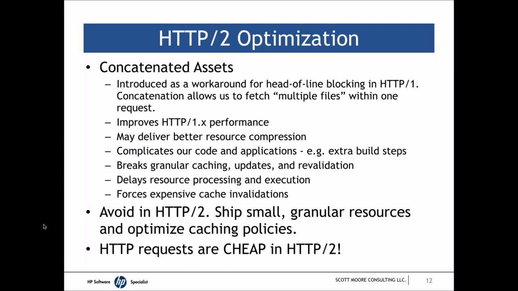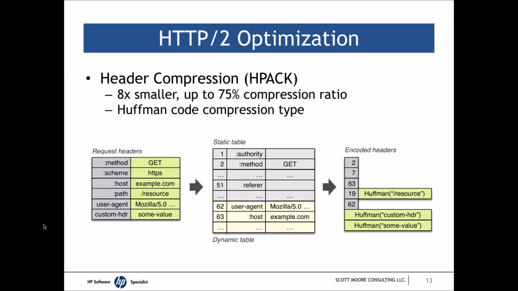That was obviously done to deliver better compression, to reduce the number of round trips, but again, it causes a lot of problems with H2 because now it starts messing with your caching, and it starts delaying the processing of certain things that H2 would want to process sooner. So feel free to ship granular resources and then look again at your caching policies, which I'm going to talk about in just a minute. I want to talk about compression first.